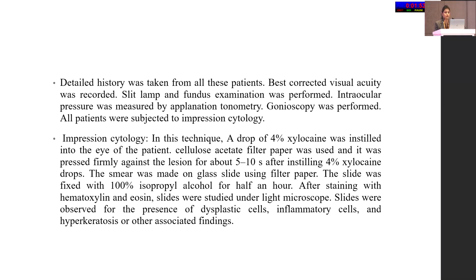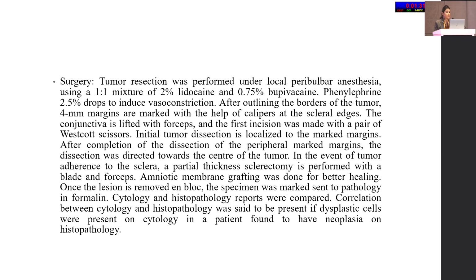The smear was made on a glass slide using the filter paper and fixed with 100% isopropyl alcohol for half an hour. After staining with H and E stain, slides were studied under a light microscope for the presence of dysplastic cells, inflammatory cells, hyperkeratosis, and other associated findings.